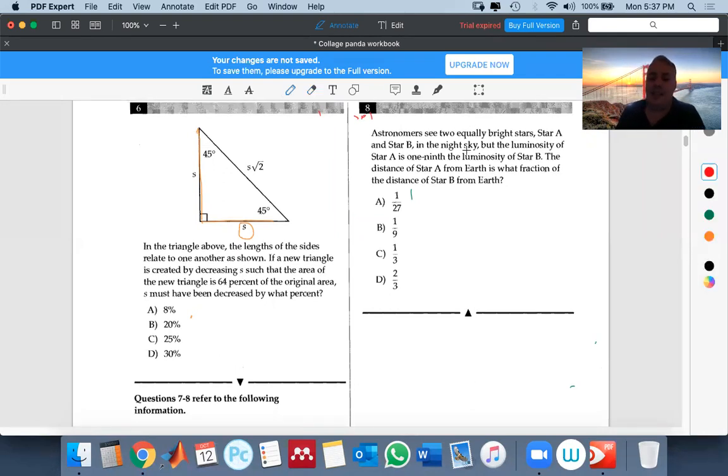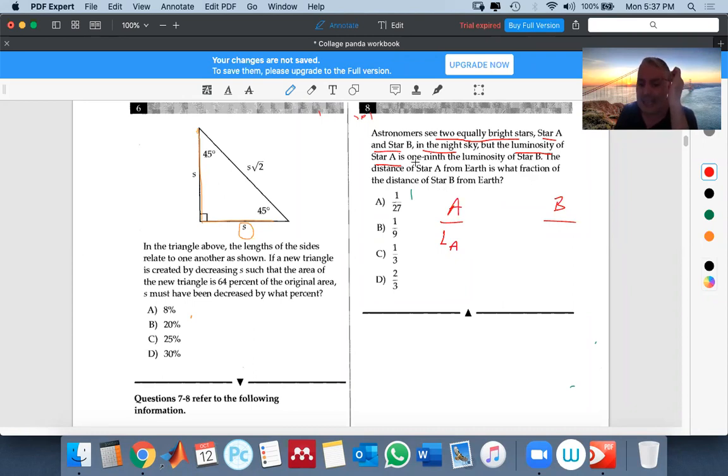Astronomers see two equally bright stars, star A and star B. In the sky, but the luminosity of star A is, be careful now, let's call it LA. You can say L1, L2, no matter.